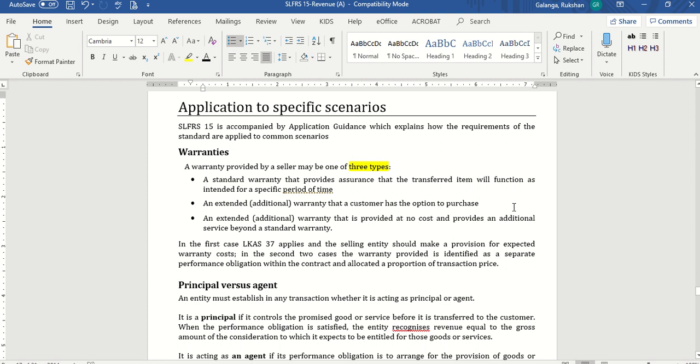Then the third, an extended warranty that is provided at no cost and provides an additional service beyond the standard warranty, right?